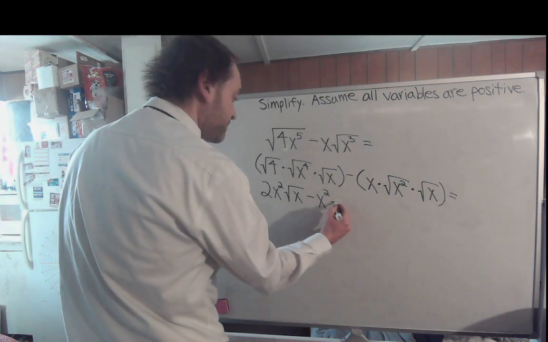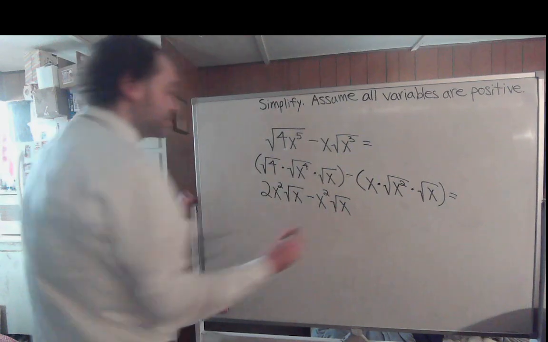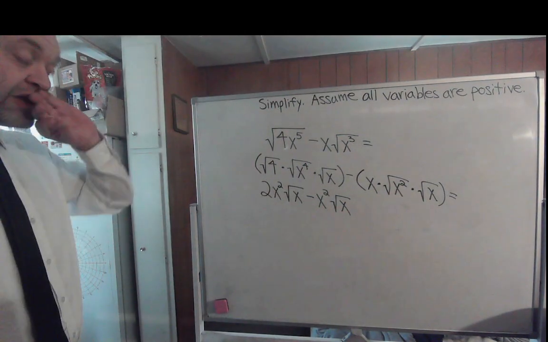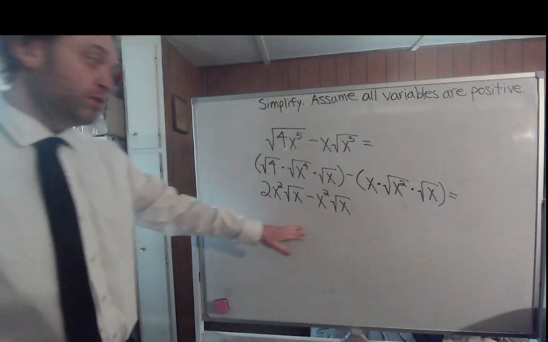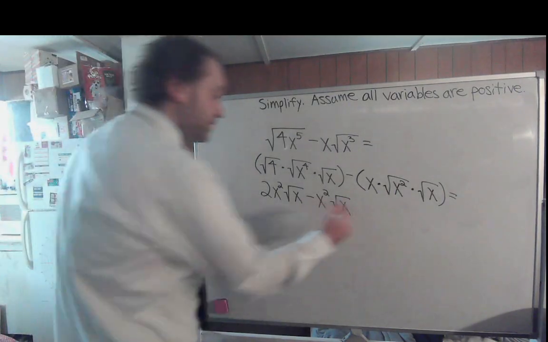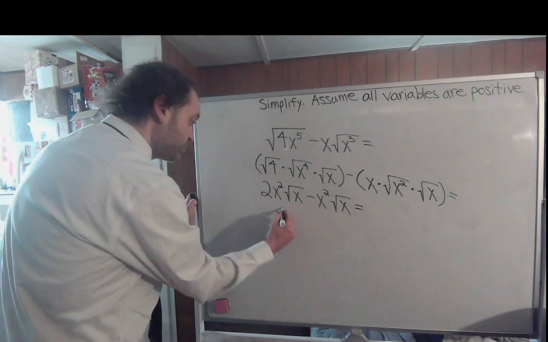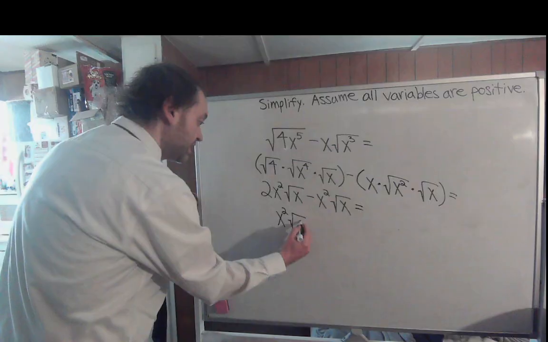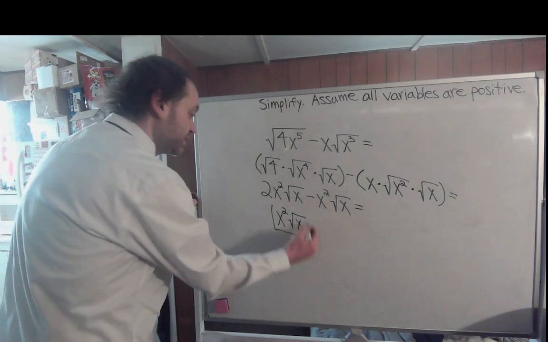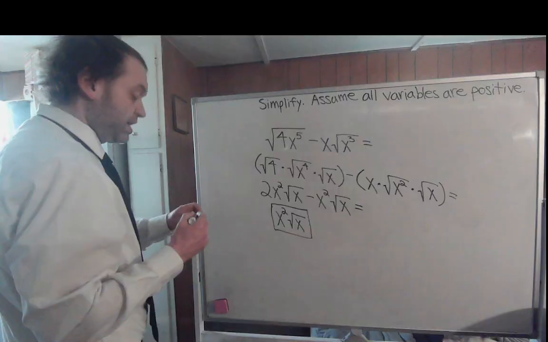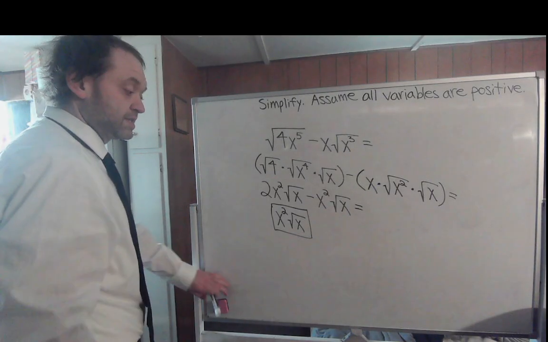Then you just have that free-floating square root of x. Now notice you have the same bases and same roots, so we just have to subtract the coefficients. So this will just turn into x squared times the square root of x. That's the best we could do with that.